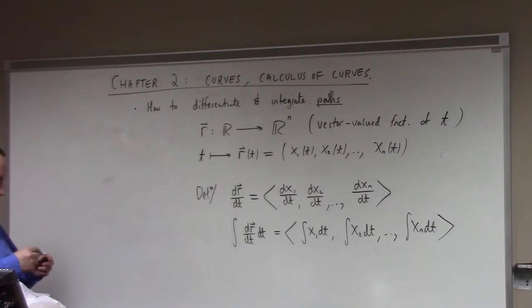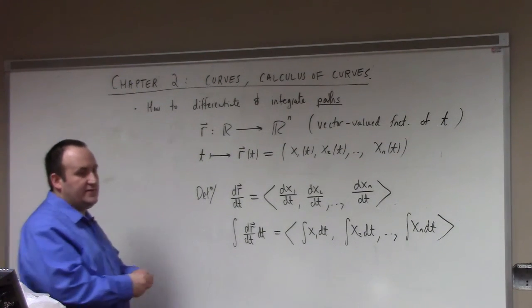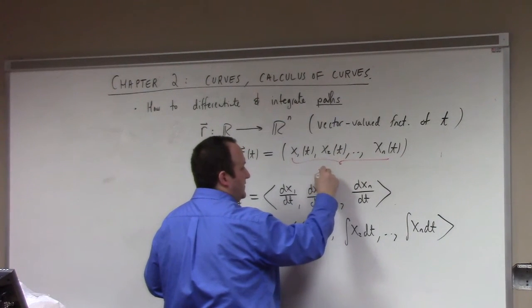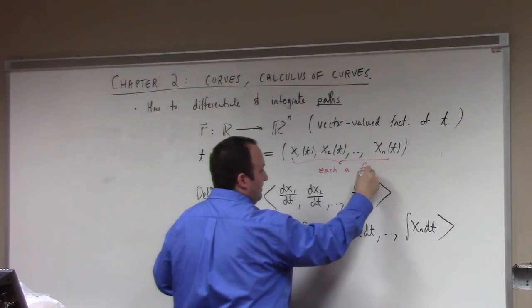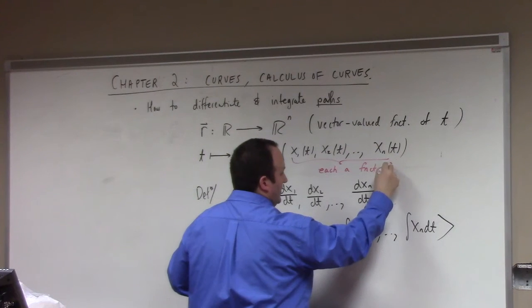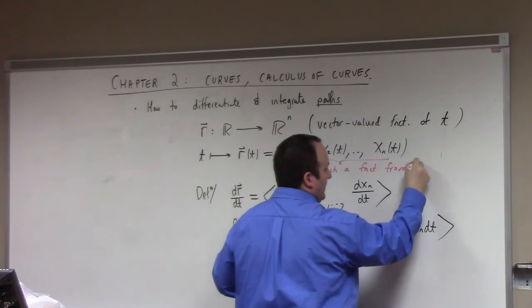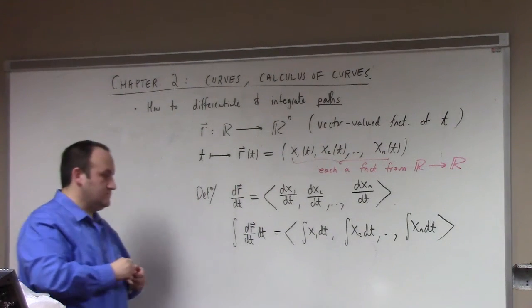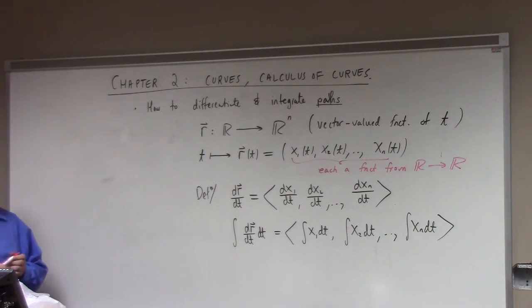Keep in mind here that x1 through xn are all separate functions of time, each a function from R to R. Could you talk about a definite integral of a path?